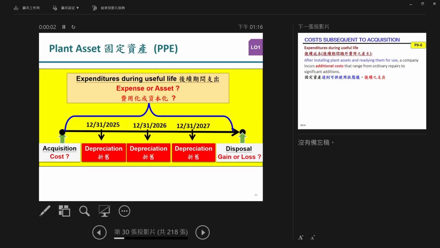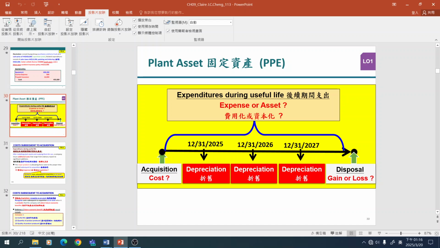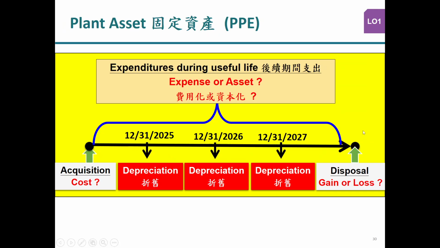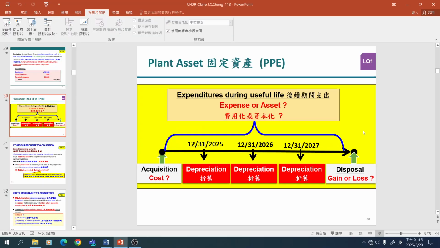Our first issue is cost. So what's the cost? On the first day, when you acquired your PPE, what's the cost? How much money we spent to acquire our PPE, right?